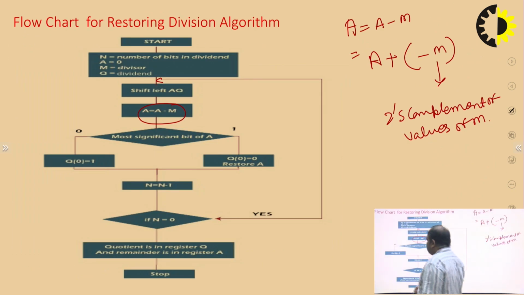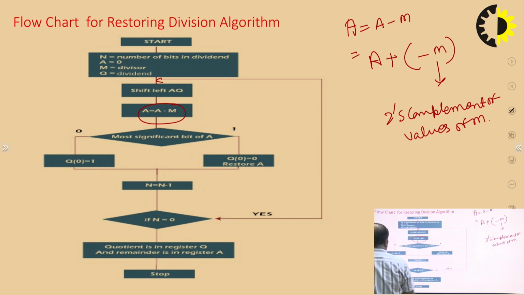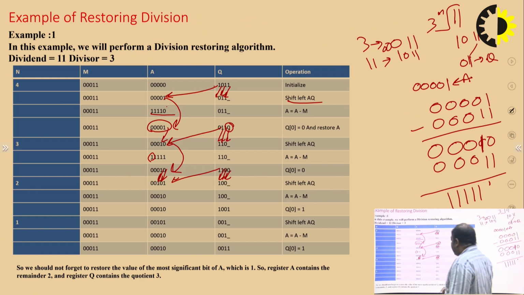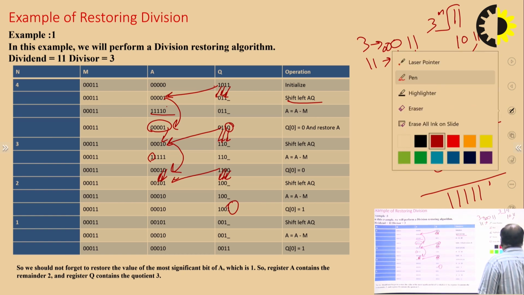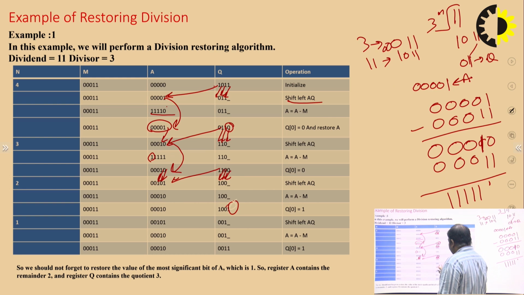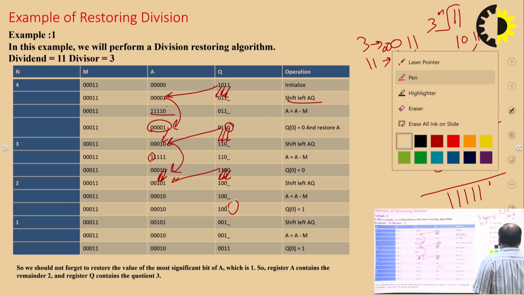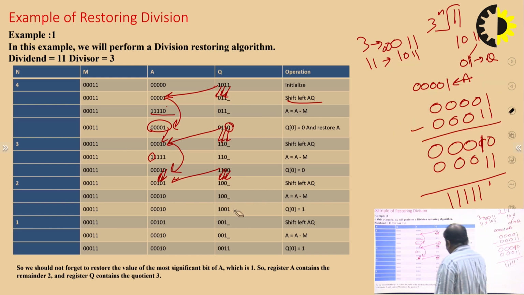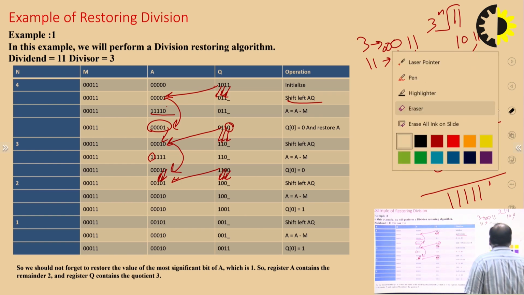So when the most significant bit of A becomes 0, what do we do? We update the value of Q0 to 1. Here you can see that we update the value of Q0 to 1.